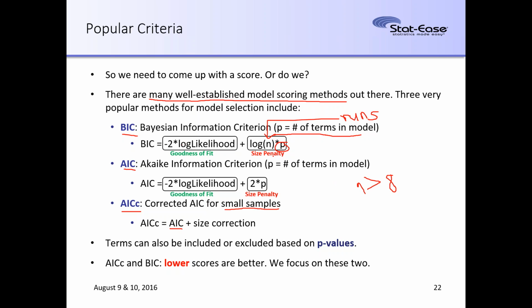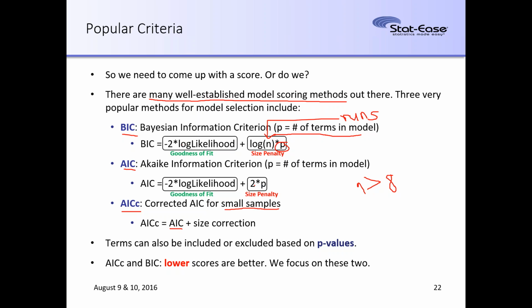Now you may be wondering, why is one of these log N, why is one of these 2? Well, these numbers have a theoretical basis that we really don't care about in this webinar, but they weren't chosen arbitrarily. They were chosen for very specific reasons.